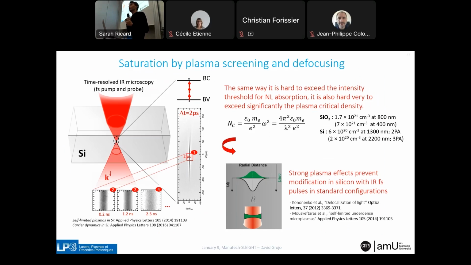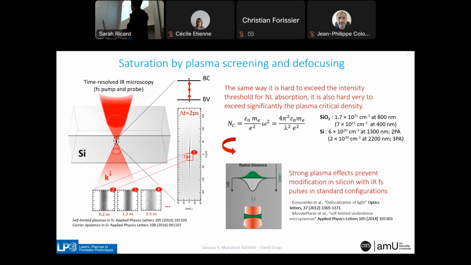And so it will be very hard to deliver more energy to the region where you obtain this density. In the same way it will be hard to deliver more intensity than the 10 to the 13 watt I have shown before, it will be hard to make an experiment in the bulk with a plasma density that exceeds the critical density, because the plasma will start to delocalize the light.